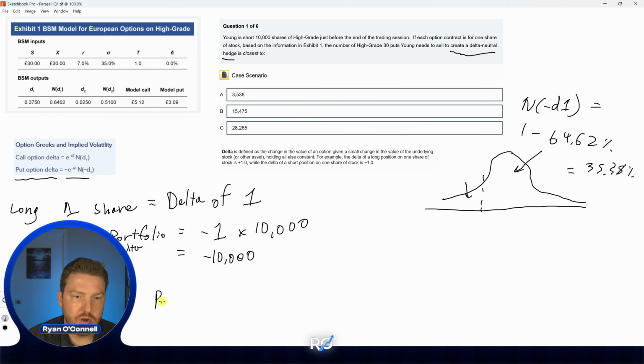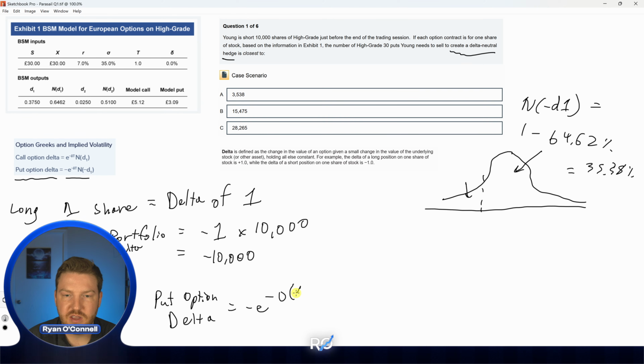So the put option delta is equal to negative e to the negative, and then this little symbol right here is the dividend, the continuous dividend payments, which for this we don't really have any. So we can just put 0 for that, and then we're multiplying it by the time to maturity, which is t.